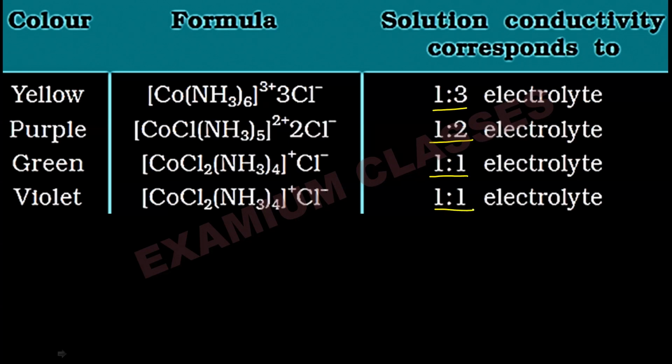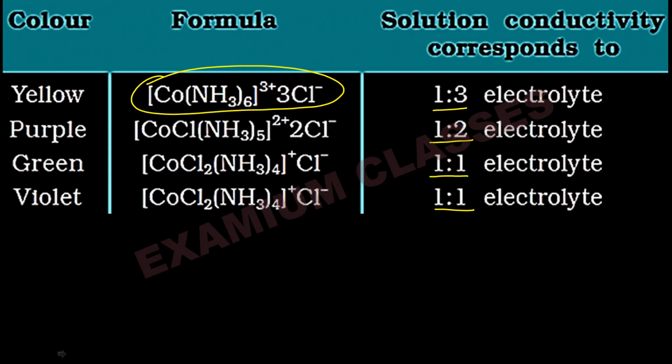It is simply saying that if you take 1 mole of this one, 1 mole of this one, how many primary valences will be obtained? How many will actually get ionized?